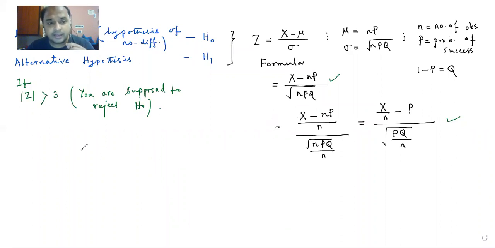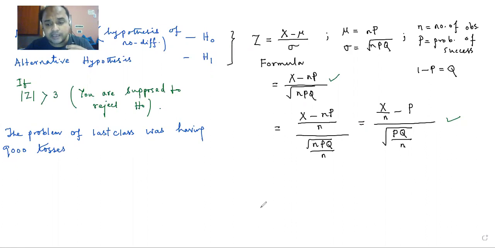The second part is that, if you can recall, in the last class we discussed a problem which had 9,000 tosses of a particular die, and we discussed how to find out whether the die is biased or unbiased.